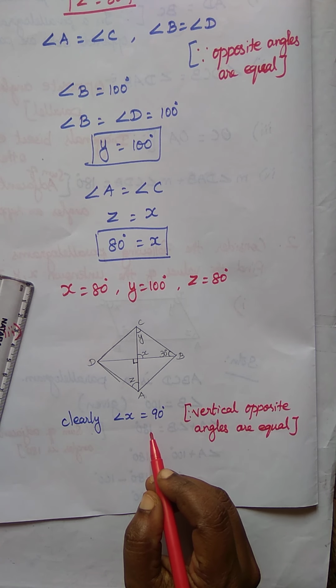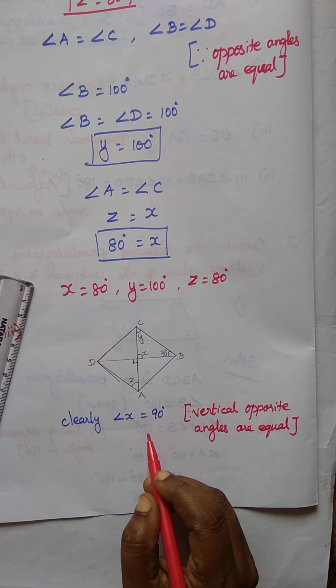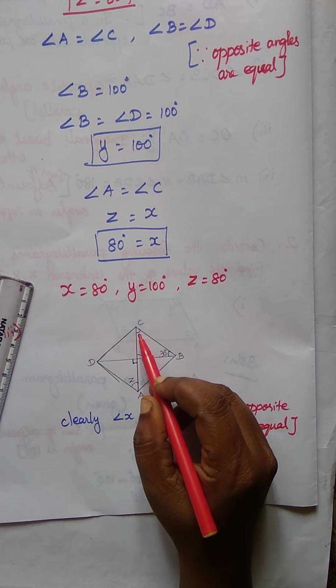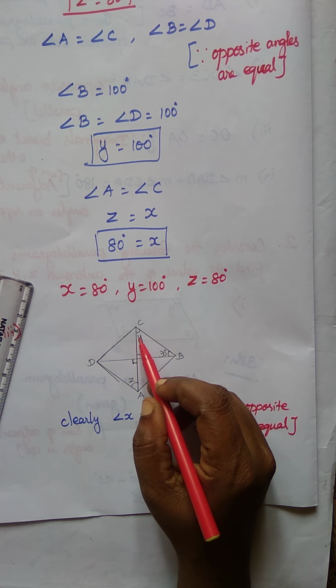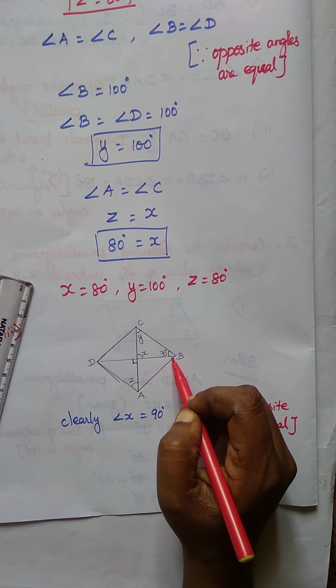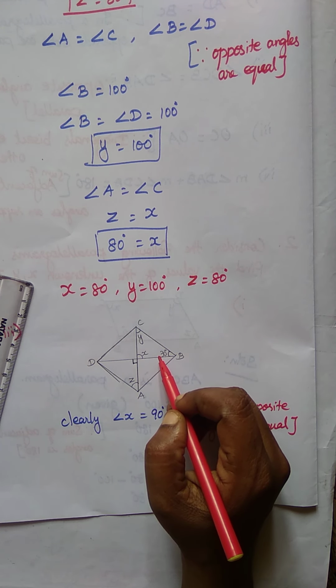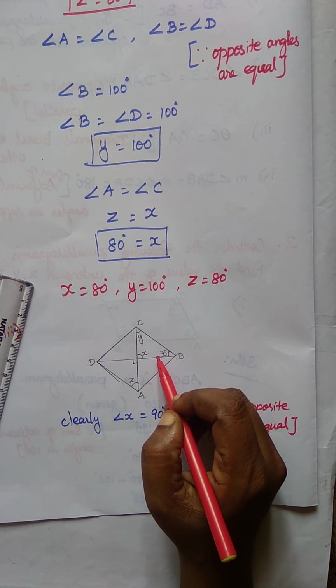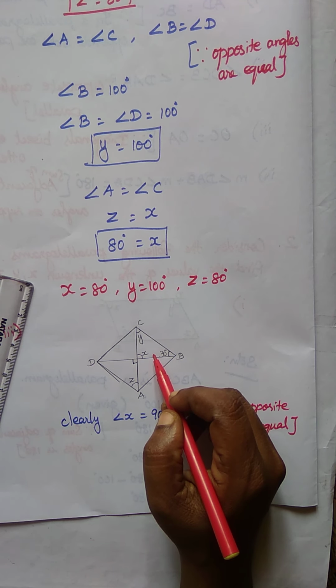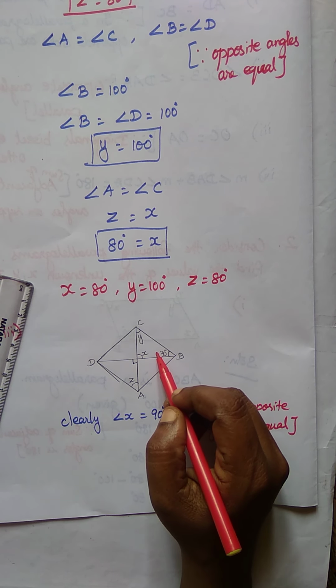Next, we are going to find the remaining values. In this figure it's a triangle, so X plus Y plus 30 degrees is equal to 180 degrees. What is the reason? The sum of the angles of a triangle is 180 degrees.